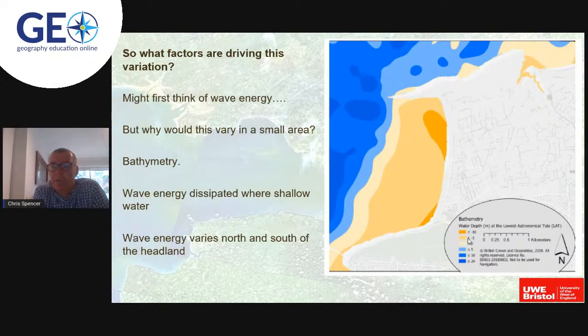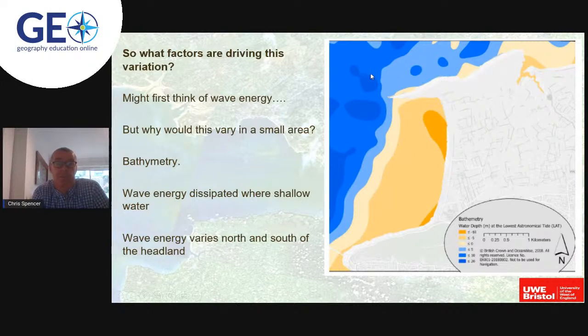The oranges and the beige colors are very shallow water. And so if we think back to our wave processes knowledge, as waves approach this shoreline, as they move into this wide open bay, they start to lose their energy. They start to break. Their energy is dissipated.